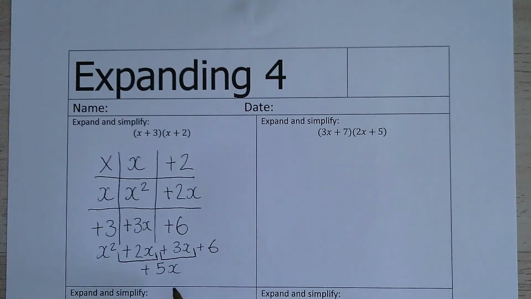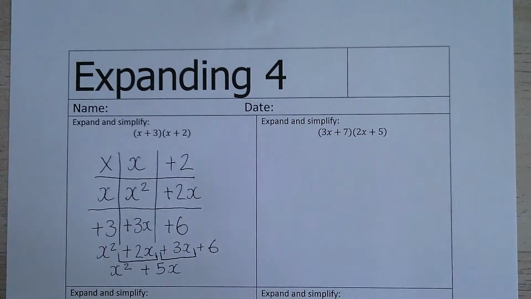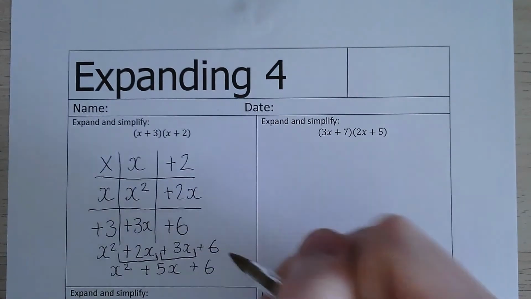x squared is not a like term with x, and plus 6 is not a like term with x, because they either don't have the same variable or they don't have the same power on the variable. So with the terms that we've not used, these are going to drop down to the next line. So now we have x squared plus 5x plus 6.